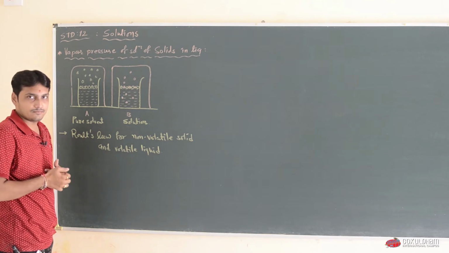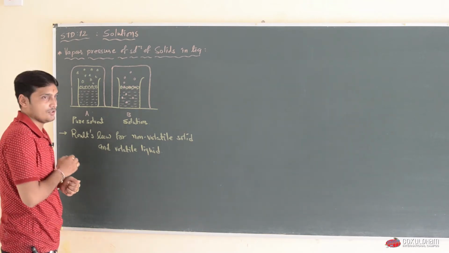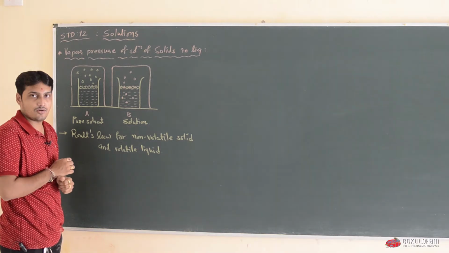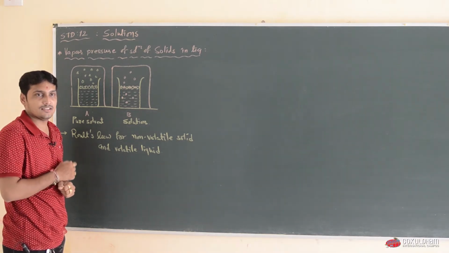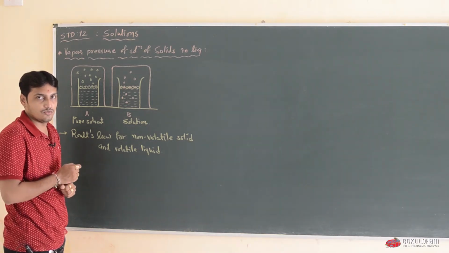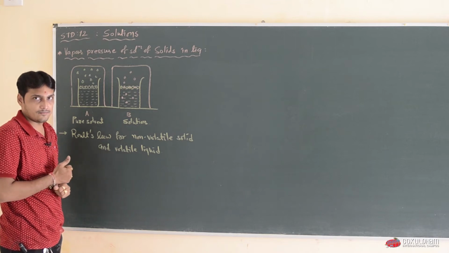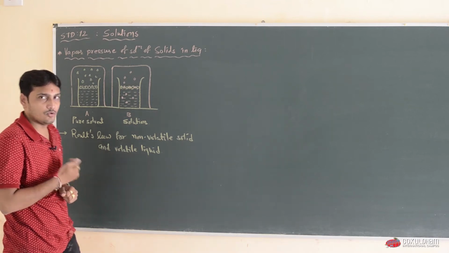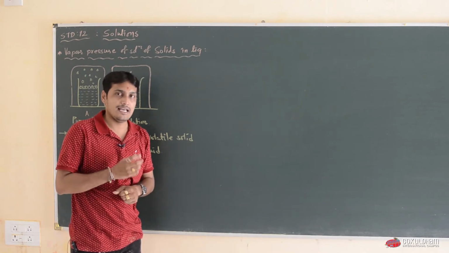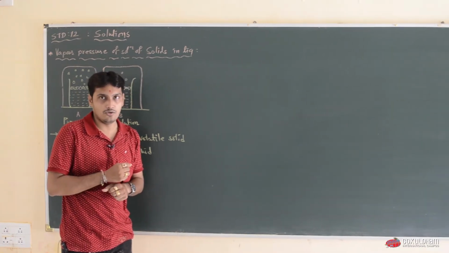Raoult said that in any solution, the vapor pressure of each component is directly proportional to its mole fraction. Mole fraction is also known as solubility according to Henry's law.